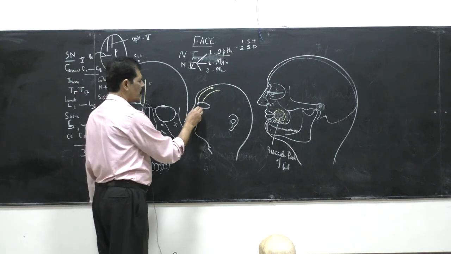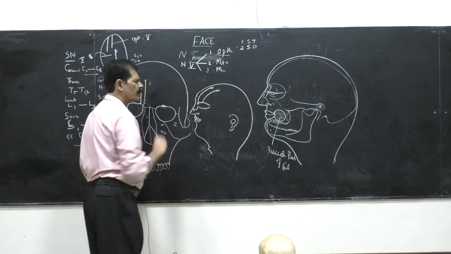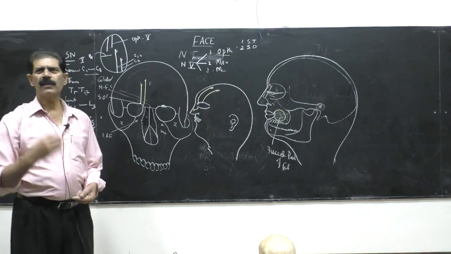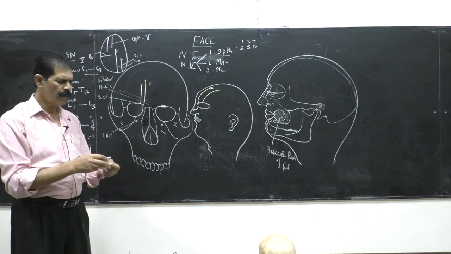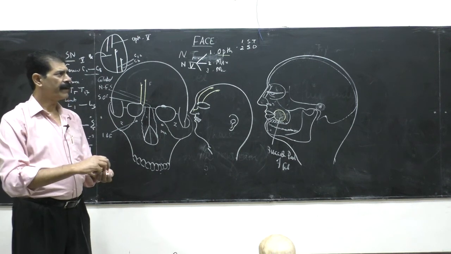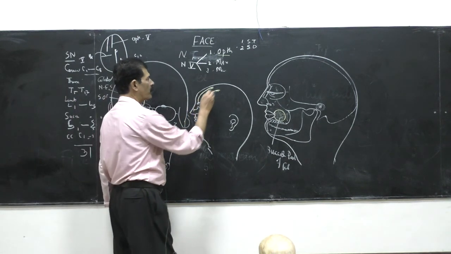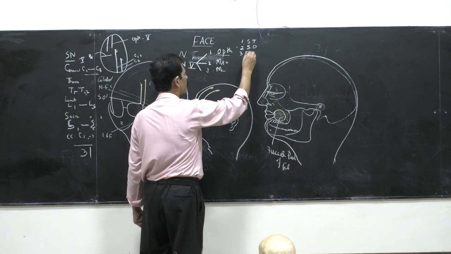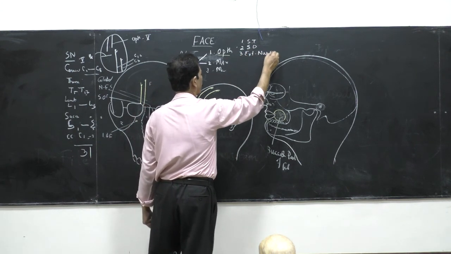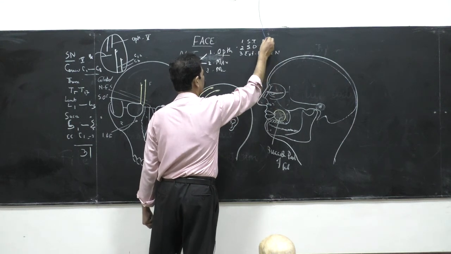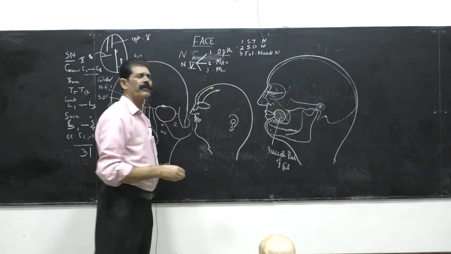Then the skin of the bridge of the nose, which is also near the eye, is supplied by a branch from the ophthalmic division called the external nasal nerve.